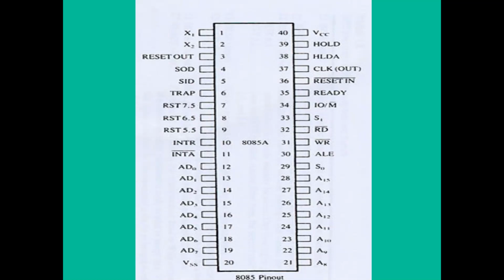That's why the same line can be used for dual purpose, and that's why it is specified as AD0, AD1, AD2, AD3, AD4, AD5, AD6, AD7. We know that we have only an 8-bit data bus, but a 16-bit address bus. These are the lower 8-bit address lines which are multiplexed with data, but the upper 8-bit address is not multiplexed. It is single purpose, only address will be transferred through these lines. Is it clear?